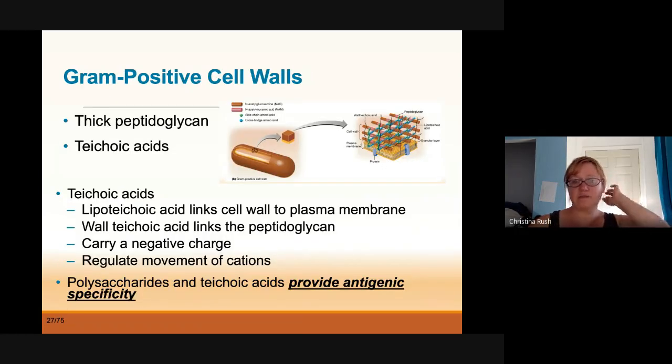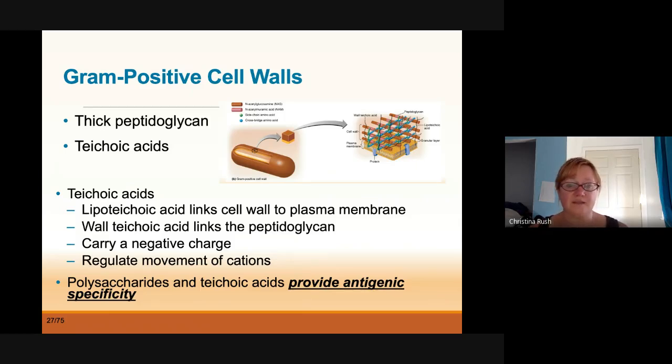Gram-positive cell walls contain thick peptidoglycan cell walls. So there's a lot of peptidoglycan in there. They also contain some teichoic acids, which are going to aid in the structure. The teichoic acids include the lipoteichoic acid. That's going to link the cell wall to the plasma membrane, so it's going to anchor it.